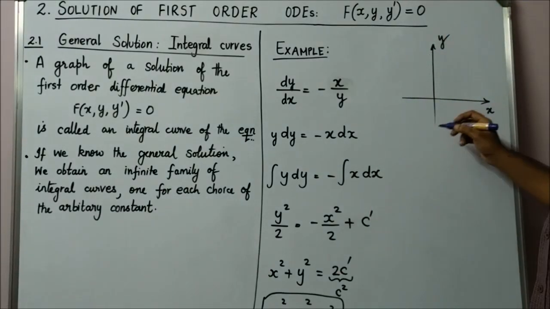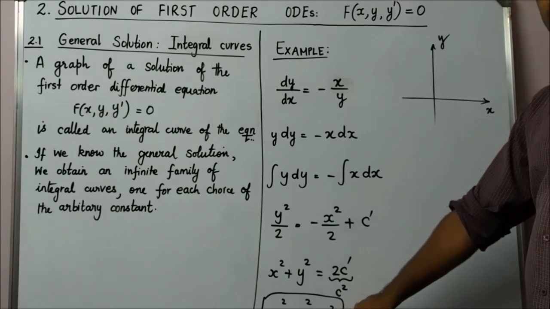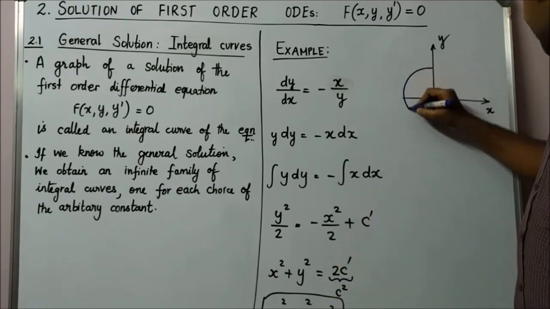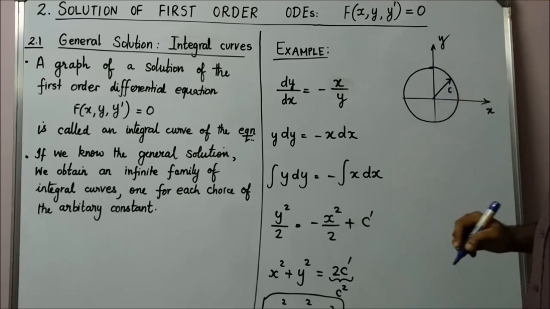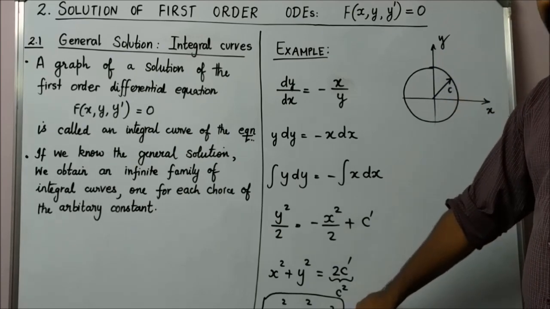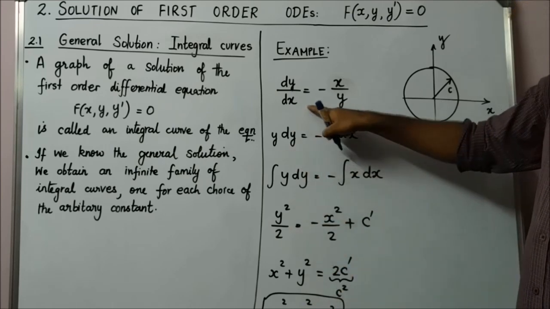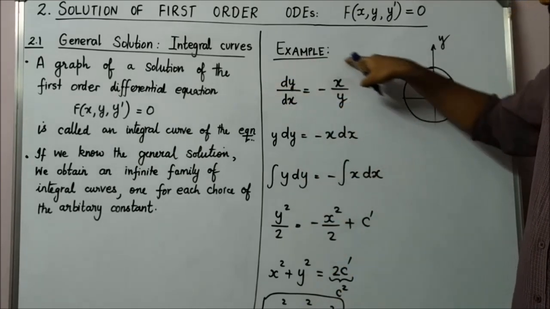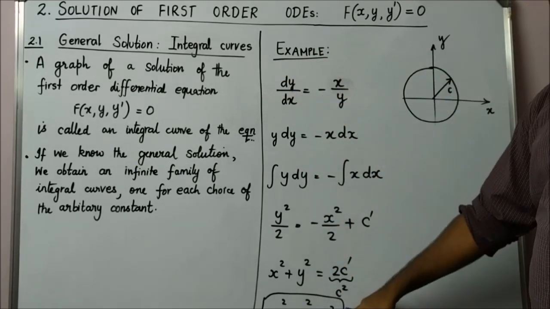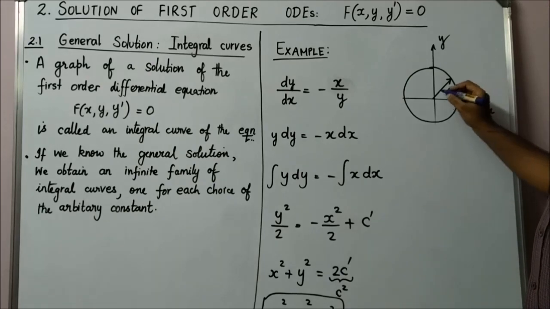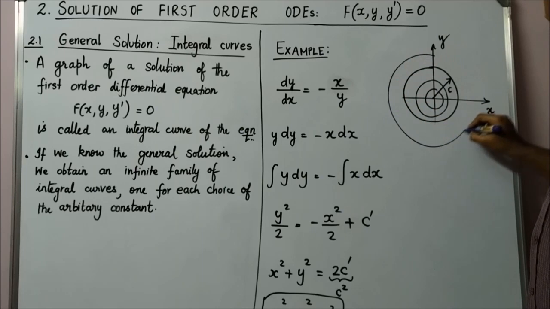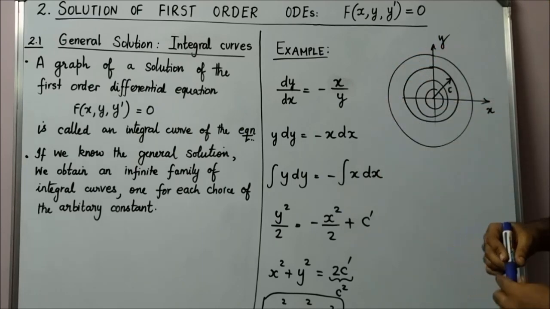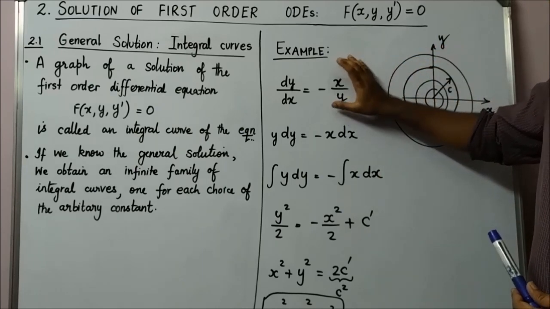Now, if you fix one constant, then you will get one circle of radius c. But since for any constant c, this equation will satisfy the ODE, it is a solution for any arbitrary constant. You get a family of concentric circles of different radii, all these being solutions to this differential equation.